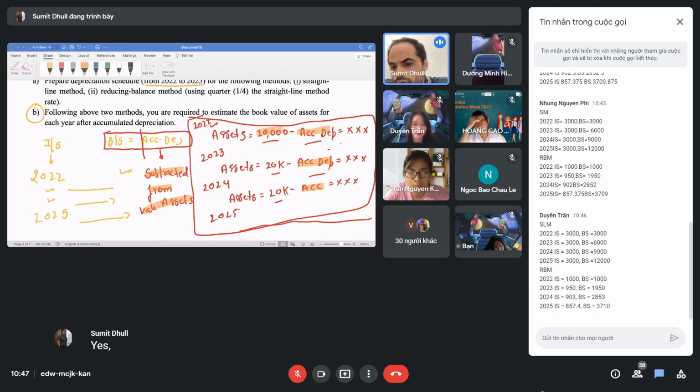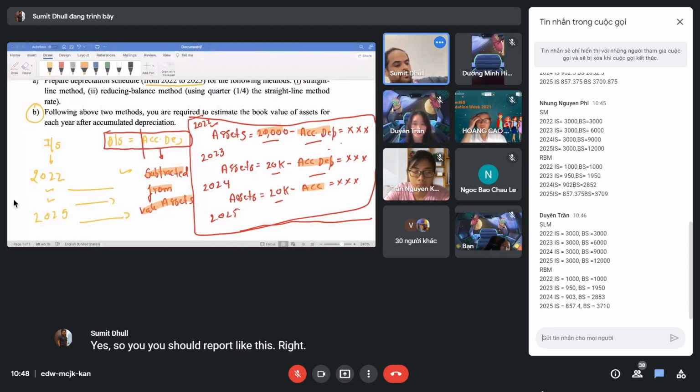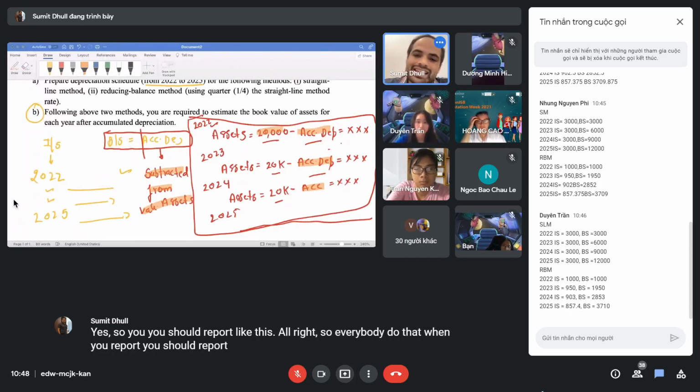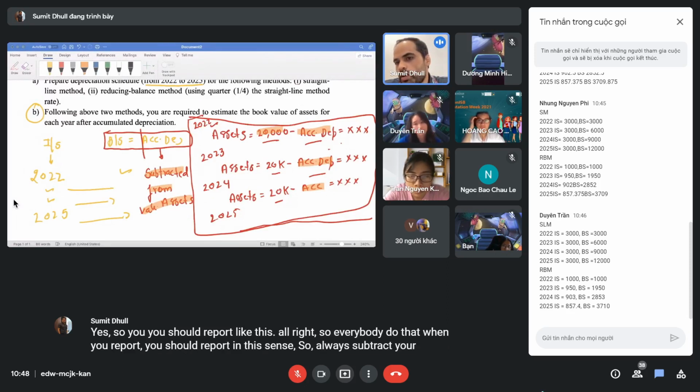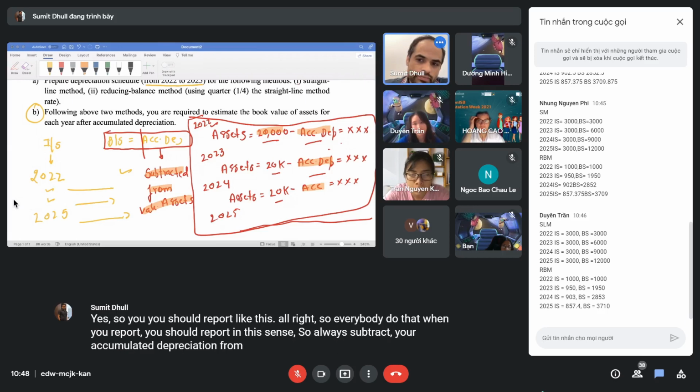So you should report like this. Everybody do that. When you report, you should report in this sense. So always subtract your accumulated depreciation from your asset.